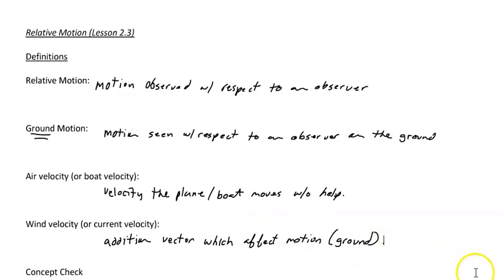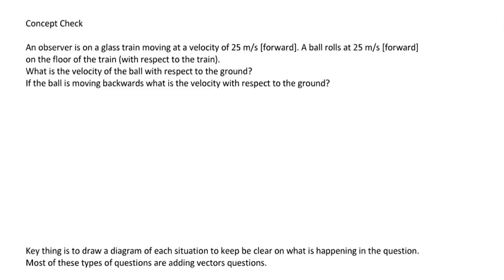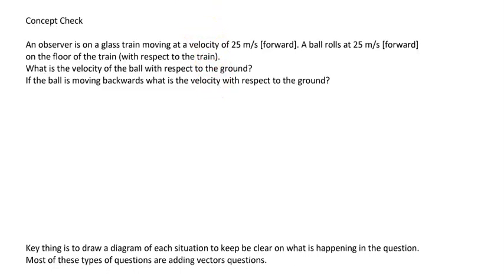Now let's just take a quick look. This is kind of from last time. If we had an observer on a glass train, now it's moving, so we've got a glass train moving 25 meters per second forward, right? And we've got a person here on the ground, and she's looking at a ball.